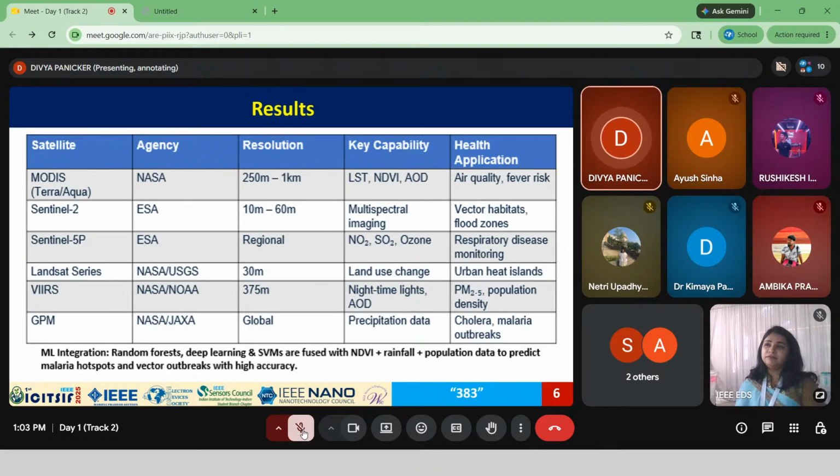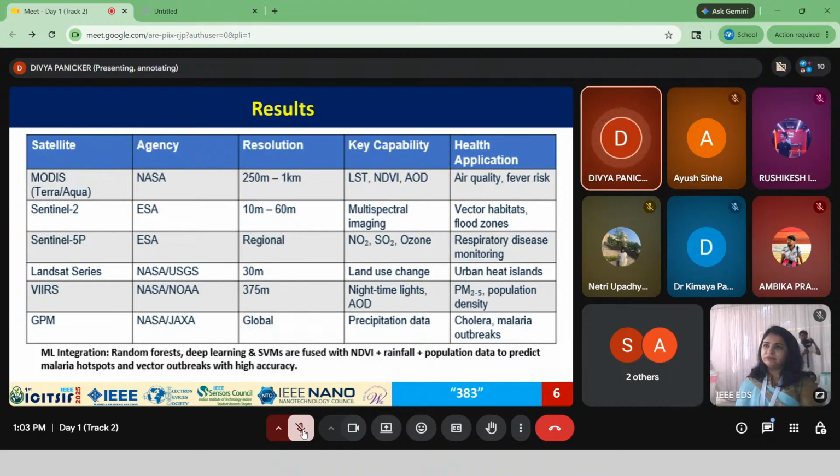Now coming to the key findings of the review, we found that satellite systems such as NASA's MODIS, European Space Agency's Sentinel, and Landsat are capable of monitoring major environmental health indicators continuously at resolutions ranging from 10 meters to 1 kilometer.